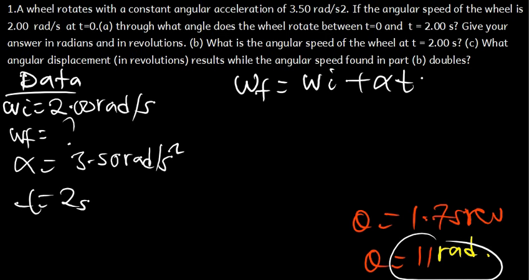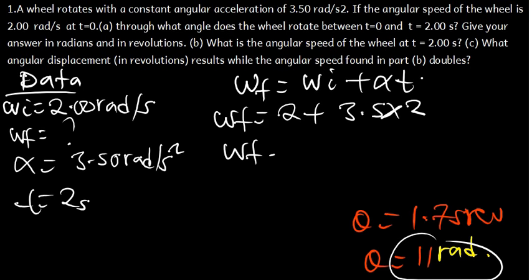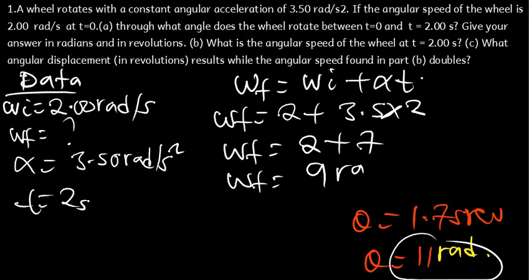So I'm trying to find the final, and I have the initial. So the angular final is going to be 2 plus 3.5 times 2. This is 7. So I'm going to have my angular velocity in this case to be 9 rad per second.